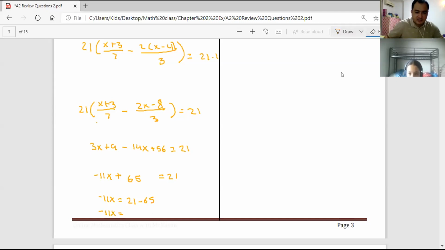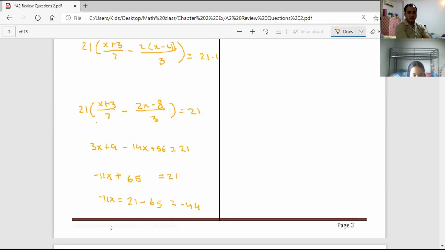Look, these calculations we have to do immediately. All right, here, what is 21 minus 65? Just write it and simplify. What is it? That is 44. Minus 44, right? Because 65 is greater.